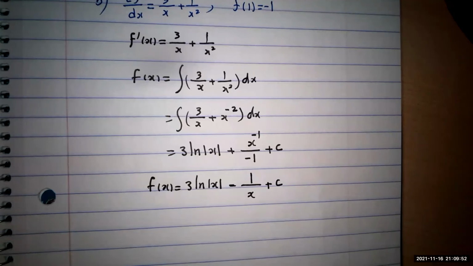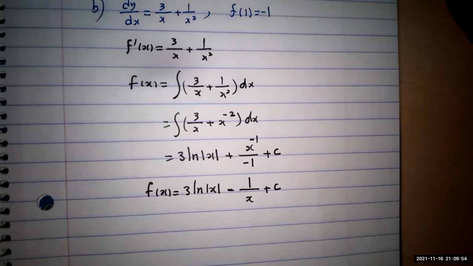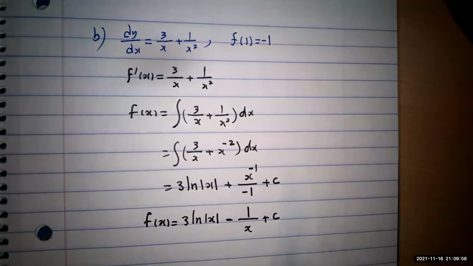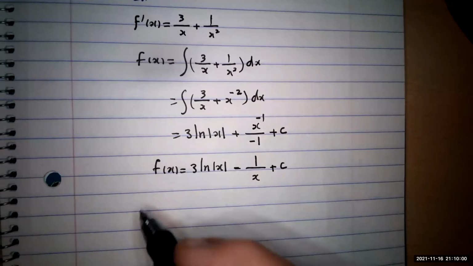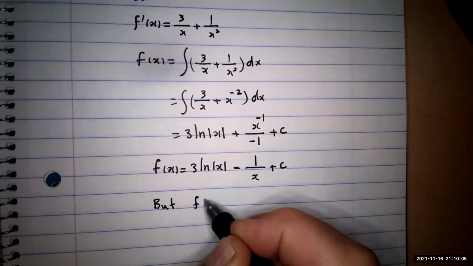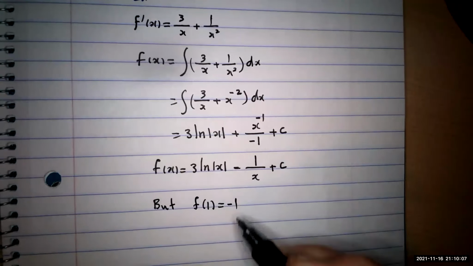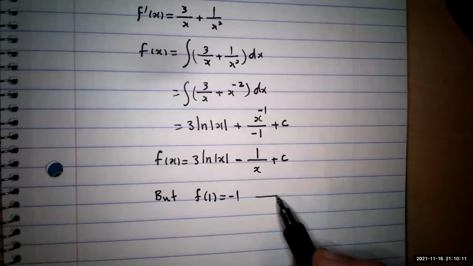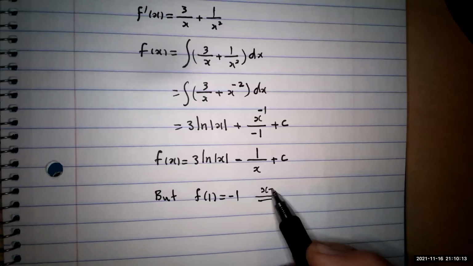So that's a general solution. Means this is many solutions. But we have another condition. The condition that f of 1 is equal to negative 1. So we are going to apply this. So go back and substitute. So you put your x equal to 1.